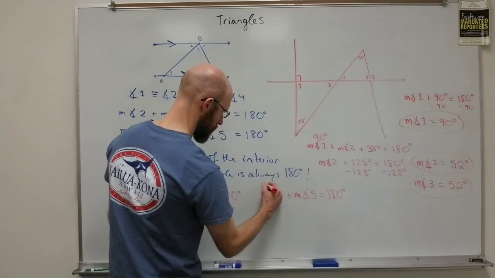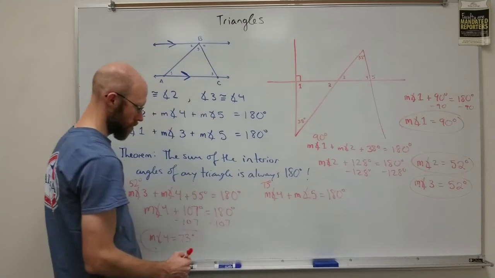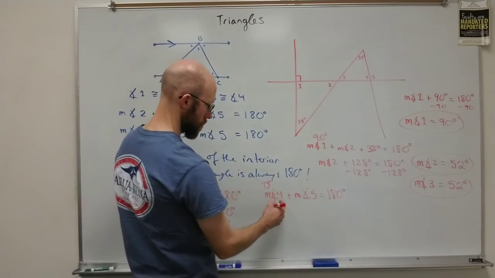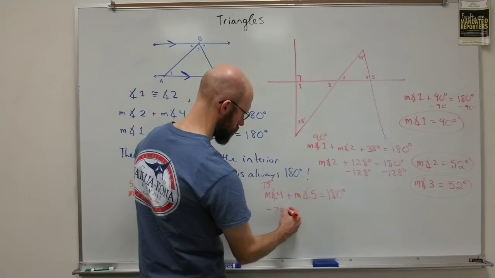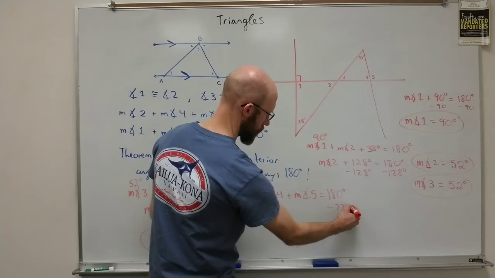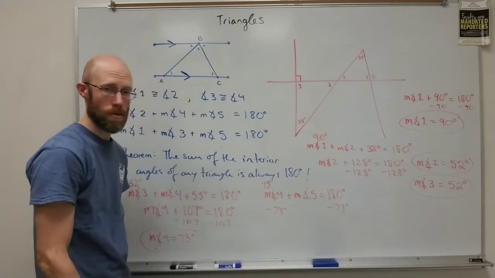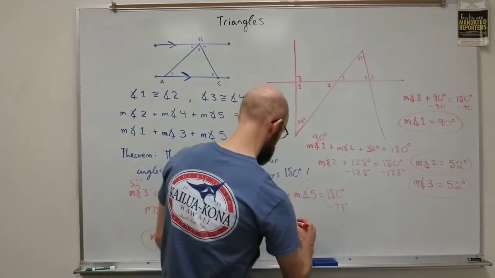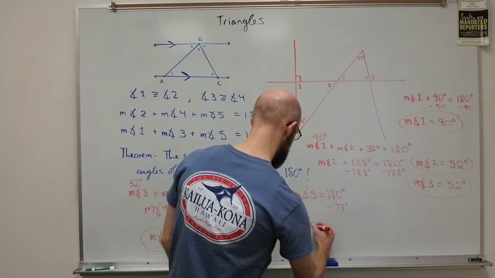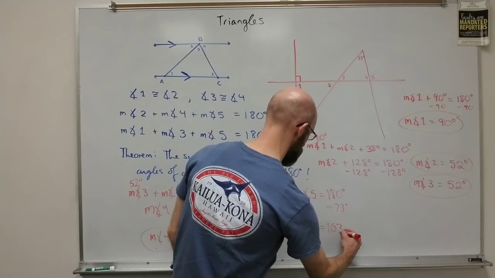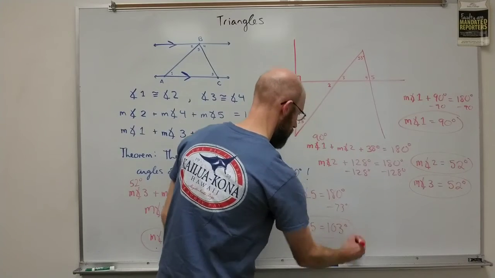Lost track of it there for a second. 73 degrees. So I'm going to subtract the 73 degrees from both sides of this equation. And I'm going to get 107 degrees. So measure of angle 5 is going to be 107 degrees.